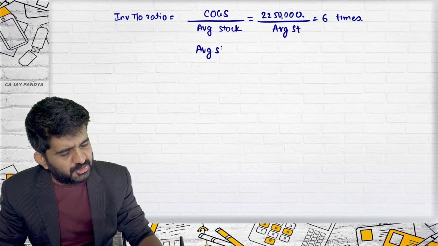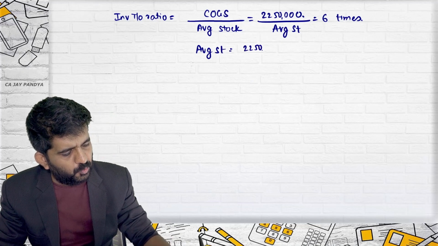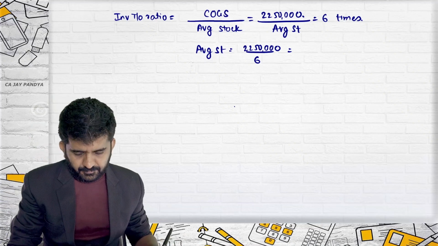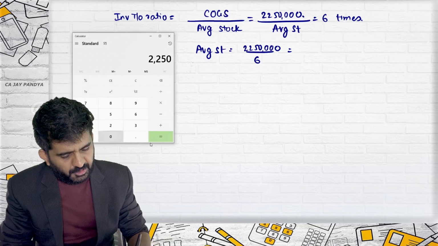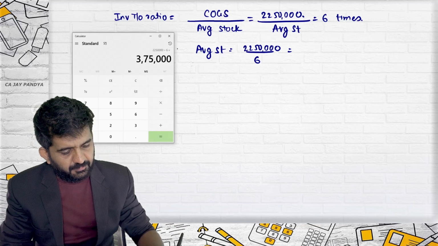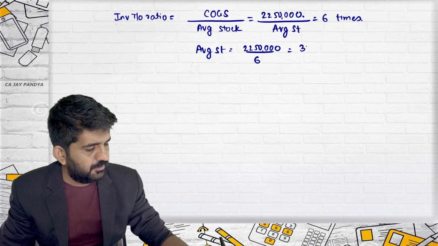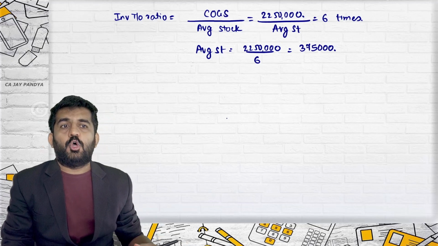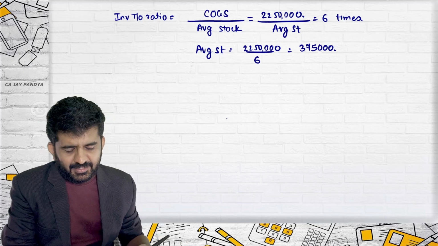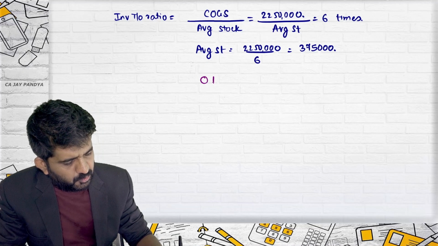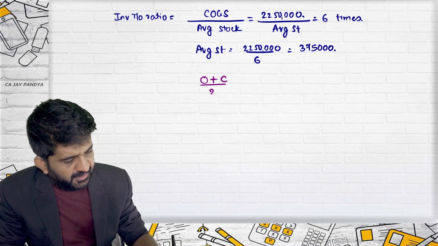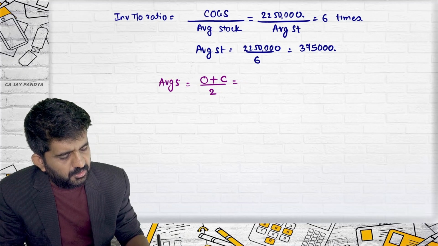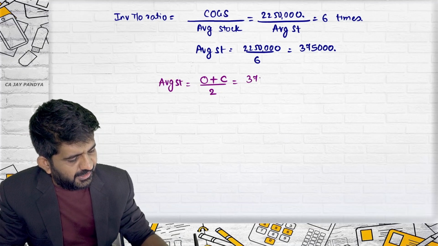So average stock will be 22 lakh 50,000 divided by 6, which is 3 lakh 75,000. Can I say average stock is equal to opening plus closing divided by 2, which is 3 lakh 75,000?